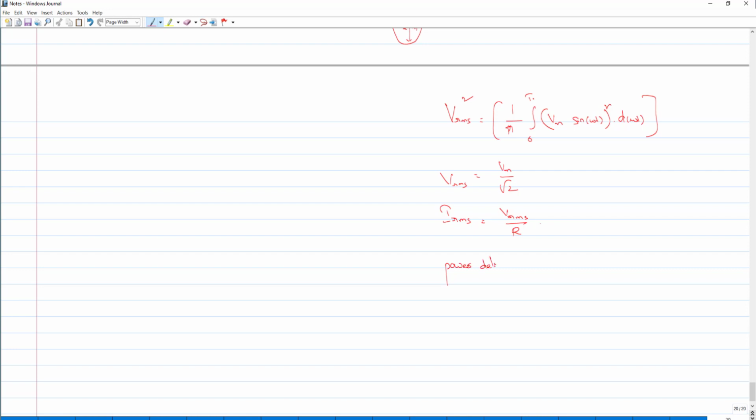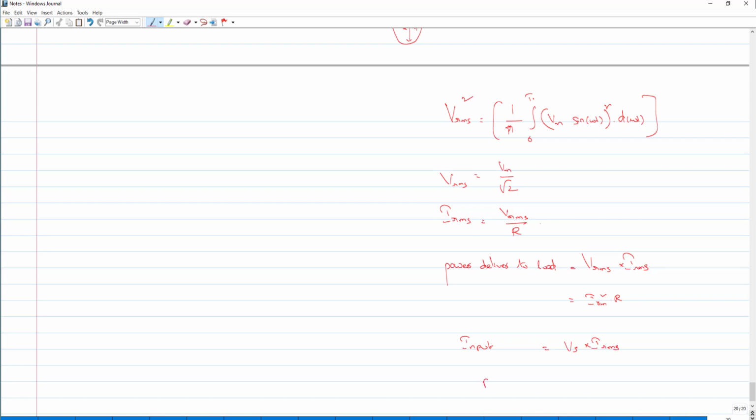So now the power delivered to the load, that is Vrms into IRMS, or that we can call as IRMS square into R. So input power is Vs into IRMS.